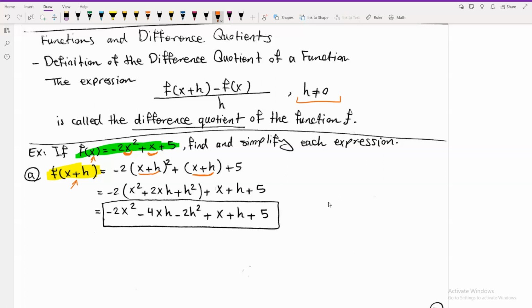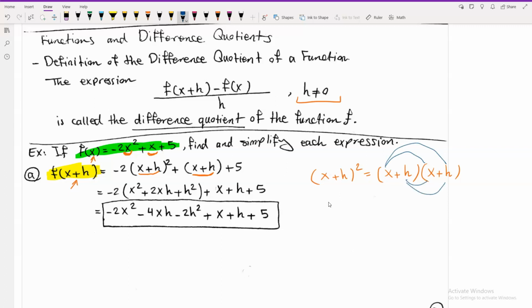And then simplify. So we have x squared plus h squared plus 2 times x times h. You can find your answer that way if it's hard. Instead, multiply this way, x plus h times x plus h. Multiply this way and simplify.